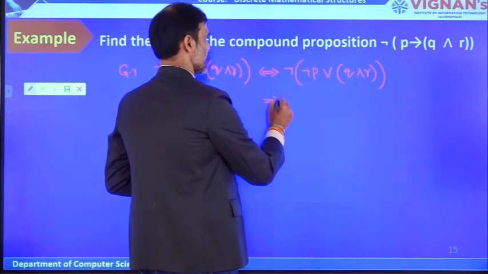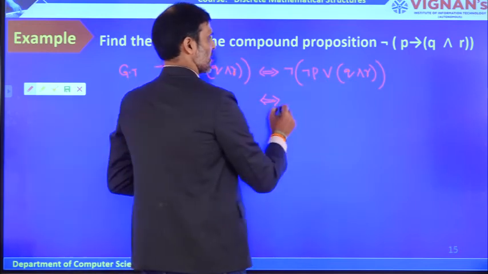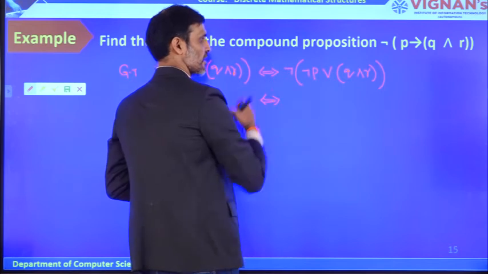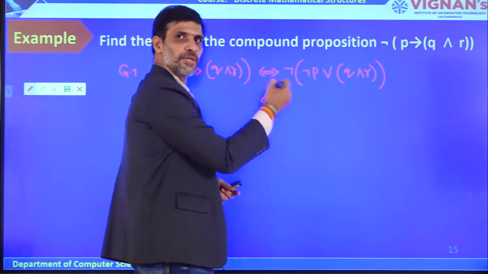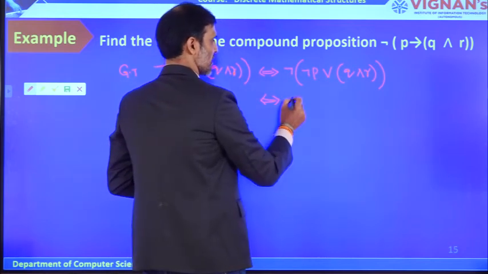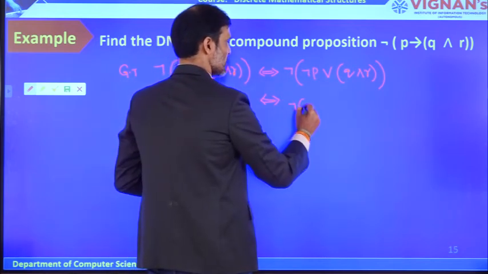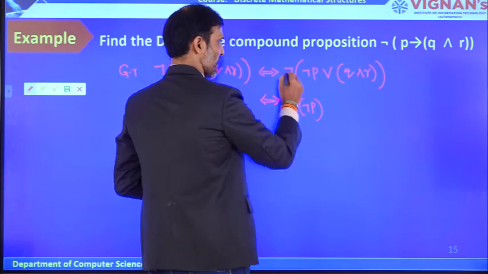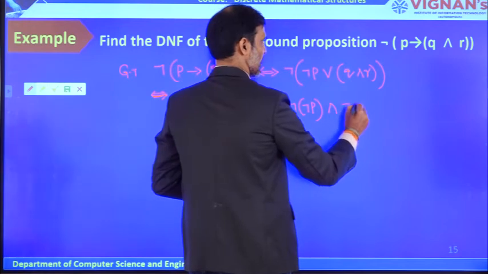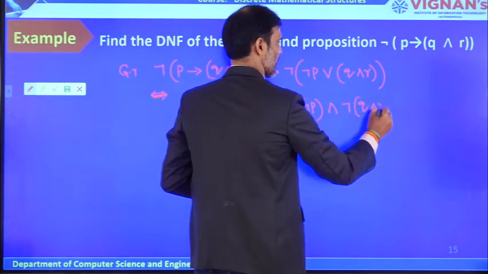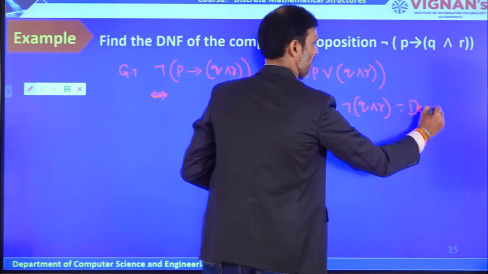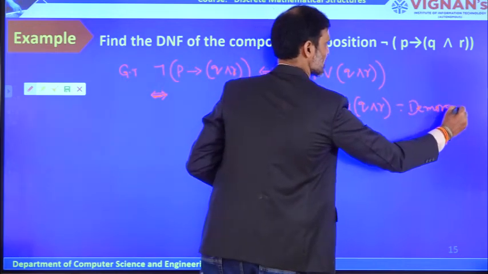And then it can be written as follows. Now negation is there in front of the compound proposition. You need to push this negation inside the compound proposition. How do we do that? Negation of P, and negation of disjunction is conjunction, and then negation of Q and R, by using De Morgan's law.